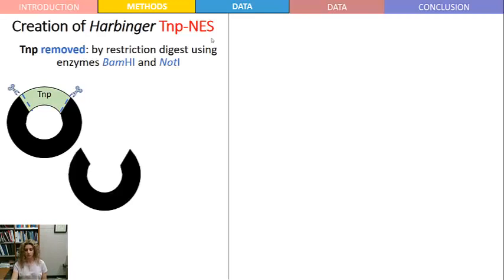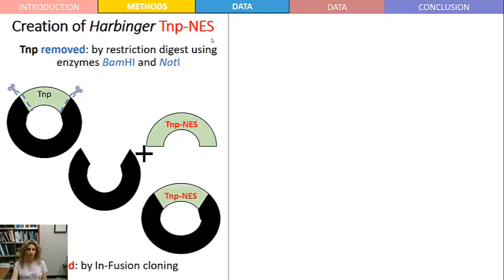This left us with a gap in the plasmid, and we filled this gap with a G block, which is just a synthesized piece of DNA of TNP minus NES. Now, using a process called infusion cloning, we were able to create a full plasmid of our experimental, or what we believed was our TNP minus NES. Now, to verify that this is indeed our TNP minus NES, we ran some tests.